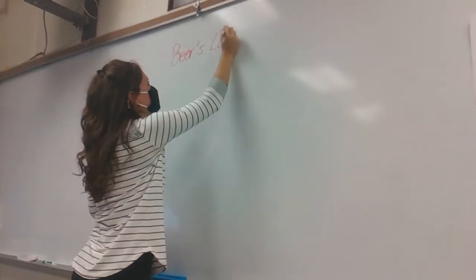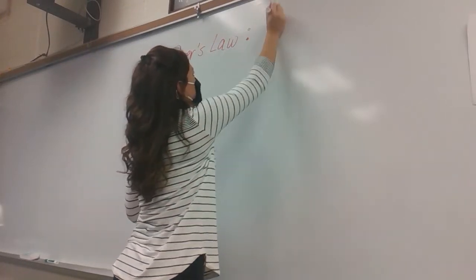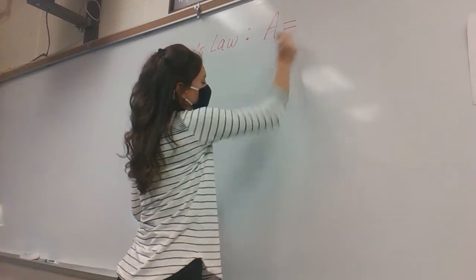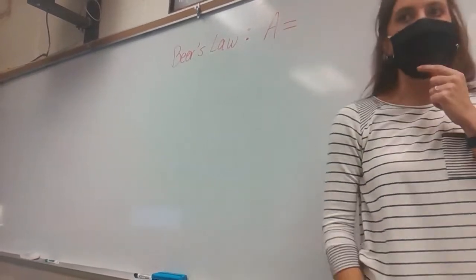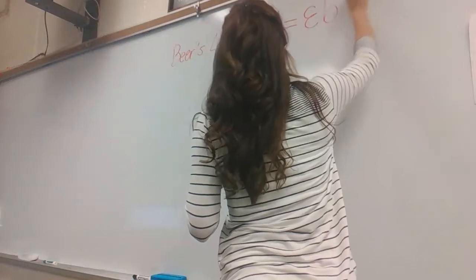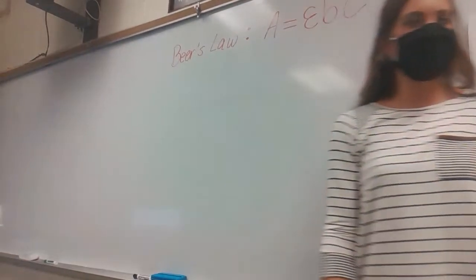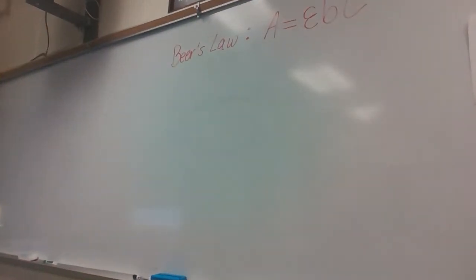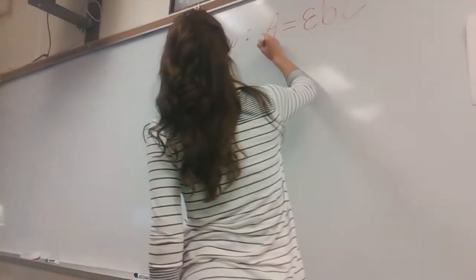And what Beer's Law says is that the absorbance of a sample, A, is equal to this. And we're going to talk about what this means in just a second. A is absorbance.